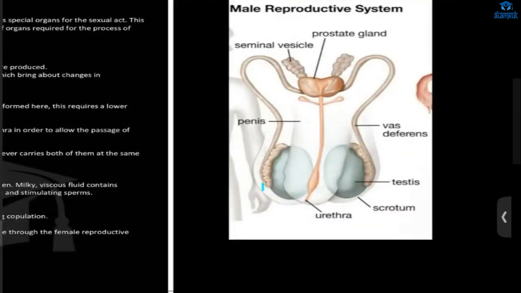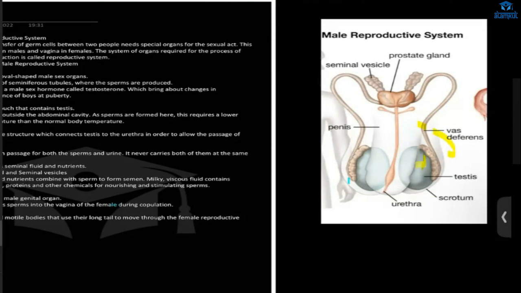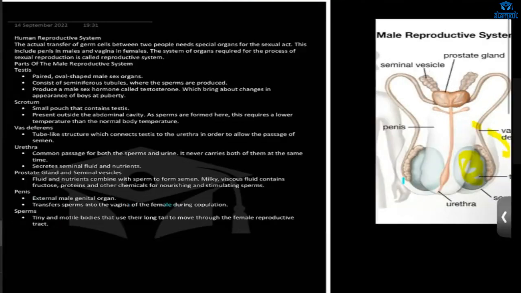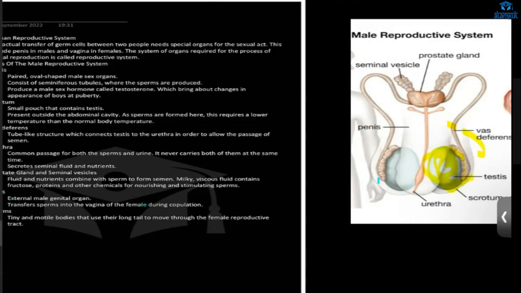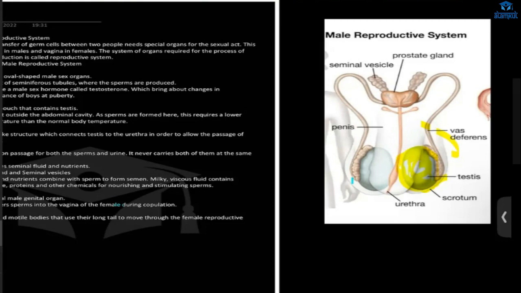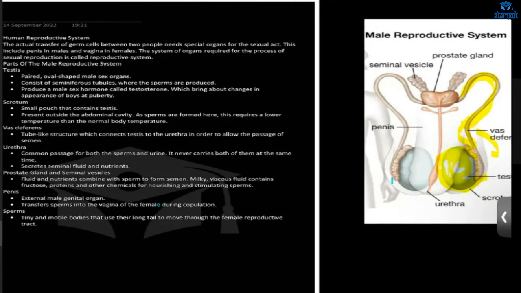Now, this is the male reproductive part. This is the testis, and the pouch-like structure is the scrotum, which carries the testis. Then we have the vas deferens, a tube-like structure which connects the testis and the urethra.